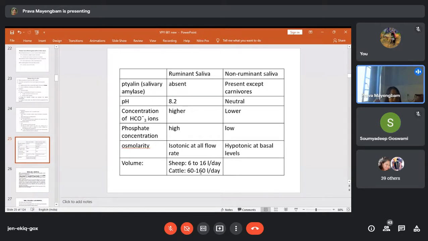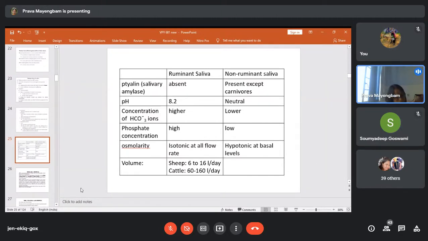The ruminant animals spend lots of time in rumination, and during rumination there is continuous chewing and continuous secretion of saliva. In case of the sheep, it is around 6 to 16 liters per day. But you see the size of a sheep and the size of cattle, and still the volume of saliva is very, very high.